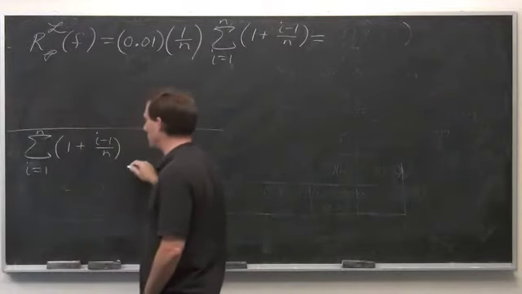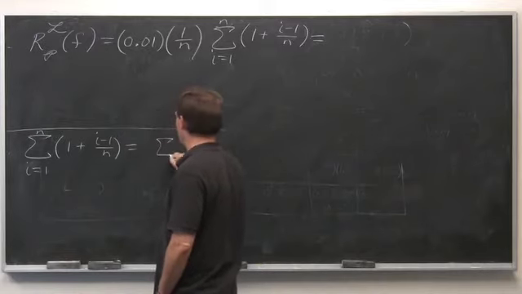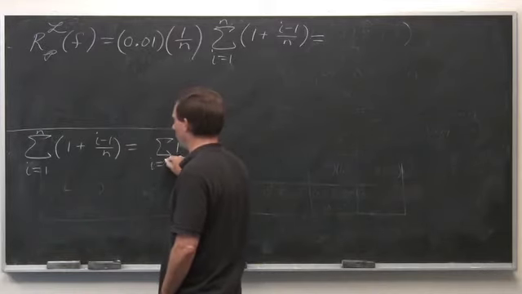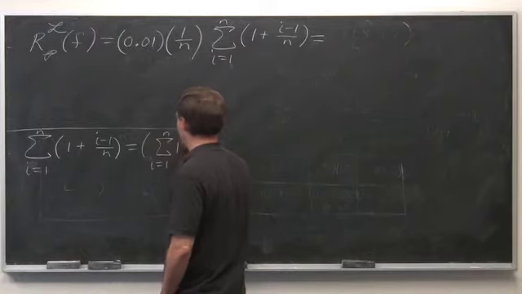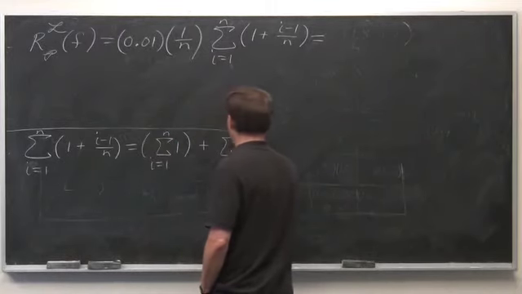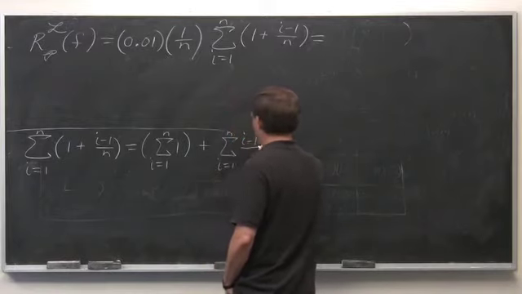Well, this too you can split up by linearity. It's a sum of things. So this is a sum of 1 as i goes from 1 to n plus the sum as i goes from 1 to n of (i minus 1) over n.